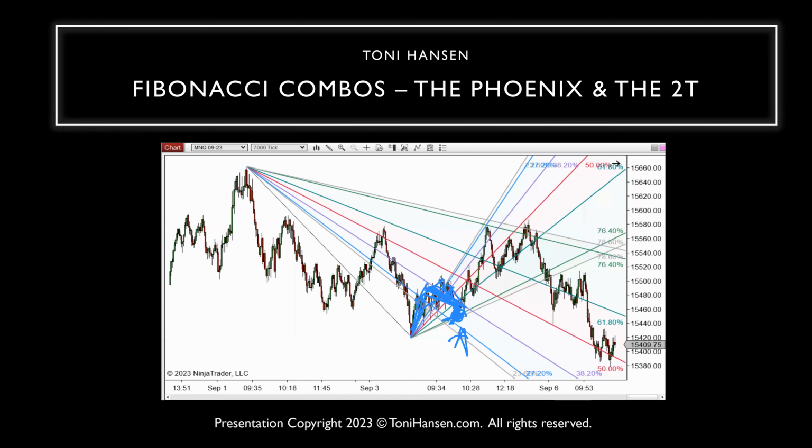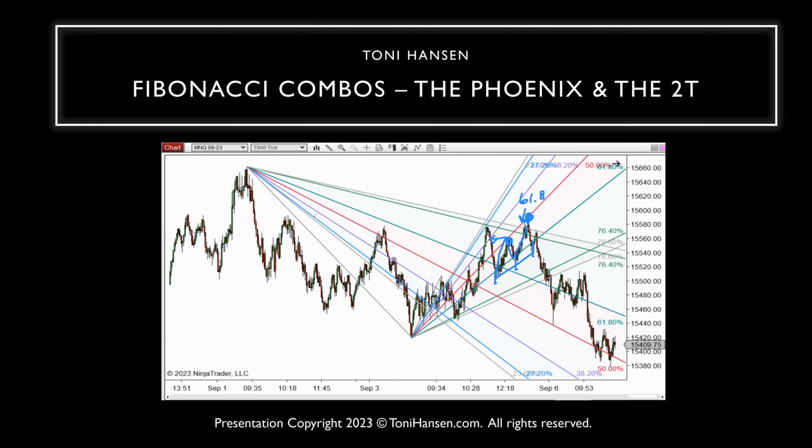Now, as we were coming up in here, we get that 2T pattern. So you get the slightly lower high, the slightly higher high. This is where we saw that measured time development where this pivot high was at or after that 61.8% as this was coming up in here. So we saw that 61.8% time extension.